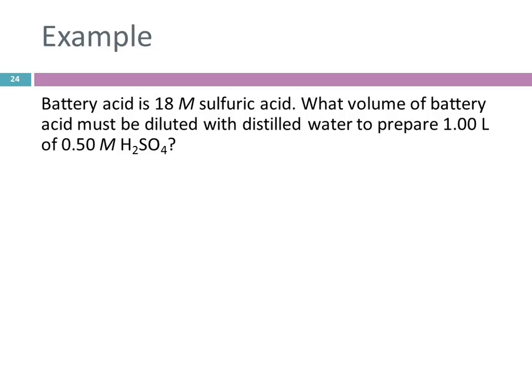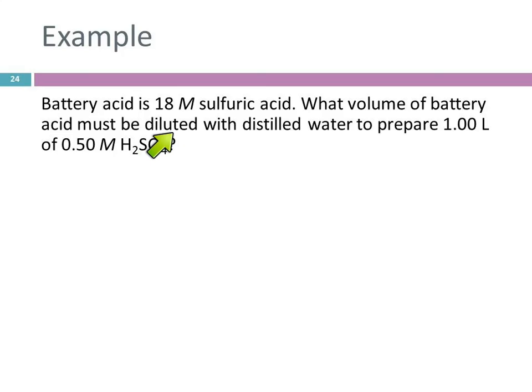Let's do another example. Battery acid is 18 molar sulfuric acid. What volume of battery acid must be diluted with distilled water to prepare 1.00 liters of 0.50 molar sulfuric acid? Do you want to use the conceptual approach or the algebra? Algebra. So this is diluting.